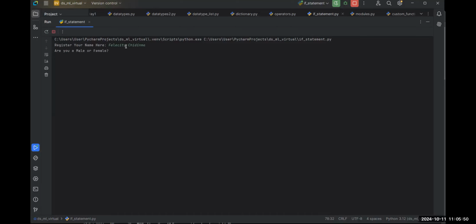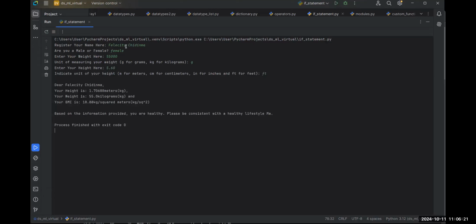Now we said female, your weight 55,000 grams, right? Now we used grams here, and then your height here 5.60, and then we said we used the feet.